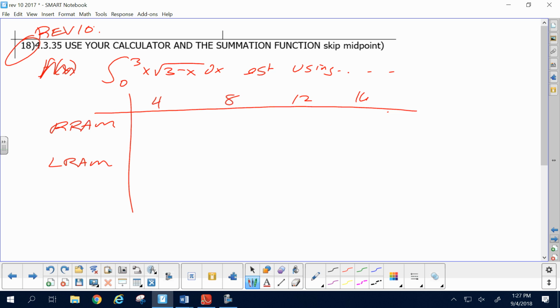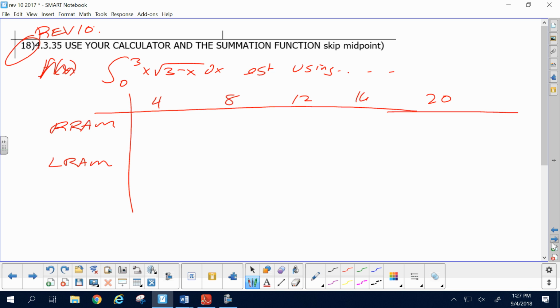The whole goal being that you start to see the area converging on an upper limit, or a number. The more rectangles, you don't get more area, you get better area. All right? So, are you ready?